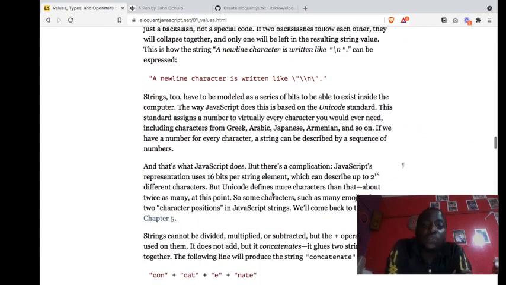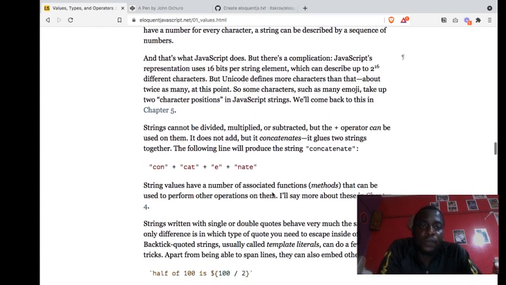Strings too have to be modeled as a series of bits to be able to exist inside the computer. The way JavaScript does this is based on the Unicode standard. This standard assigns a number to virtually every character you would ever read, including characters from Greek, Arabic, Japanese, Armenian, and so on. If we have a number for every character, a string can be described by a sequence of numbers, and that's what JavaScript does. But there's a complication.